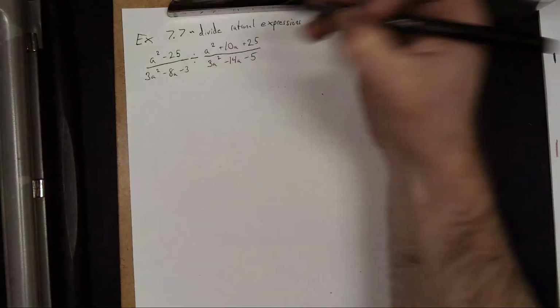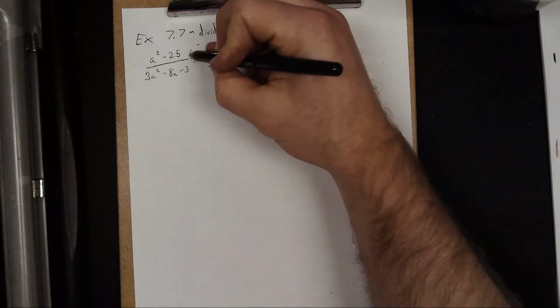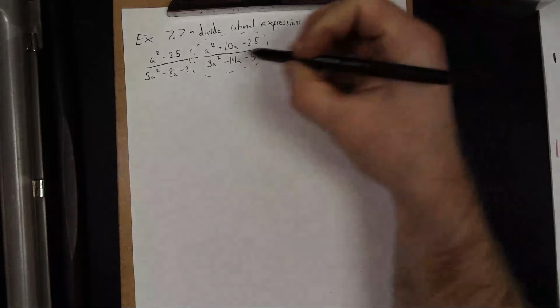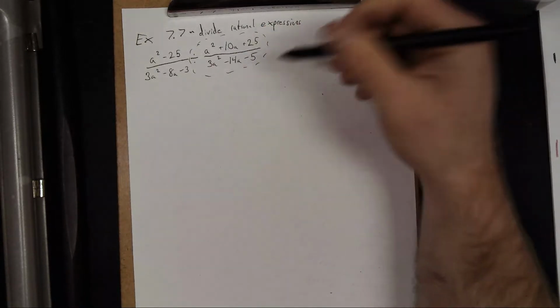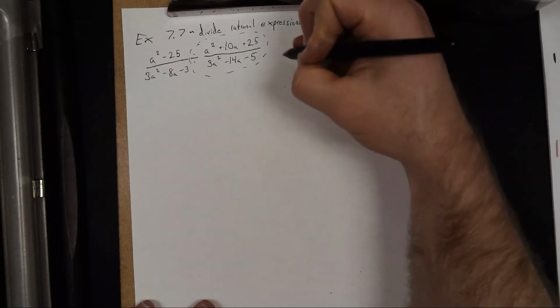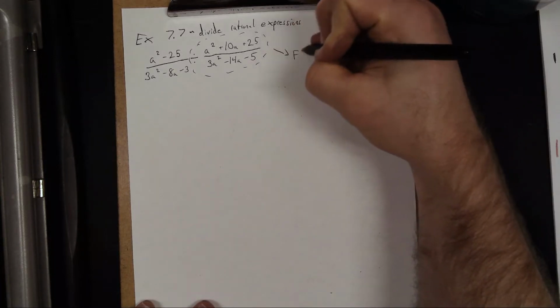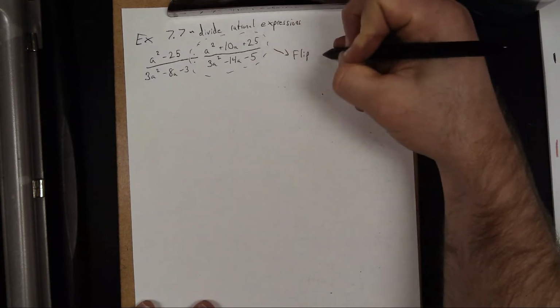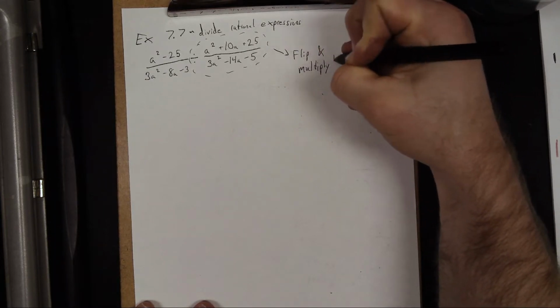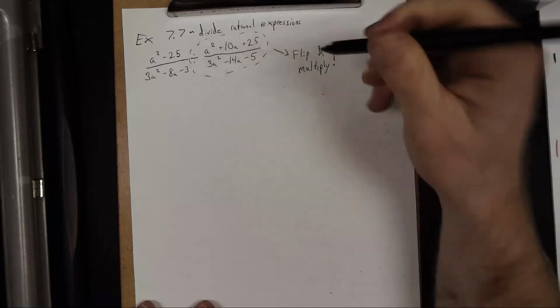Okay, so step one. We don't like dividing by a fraction. We do not like it. So instead, we're going to flip it and multiply instead.